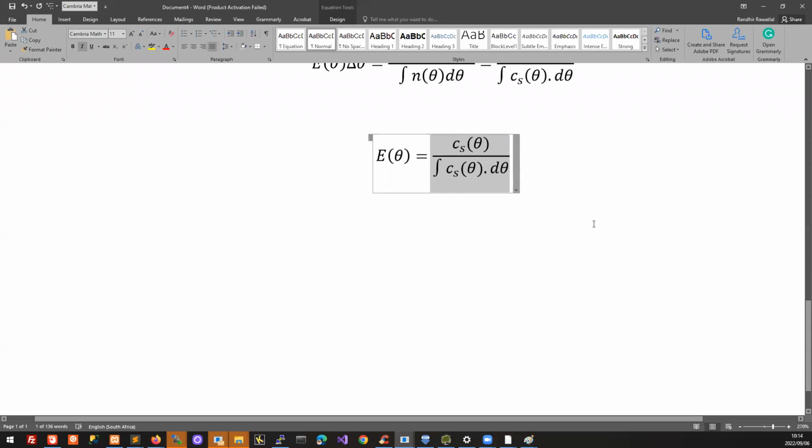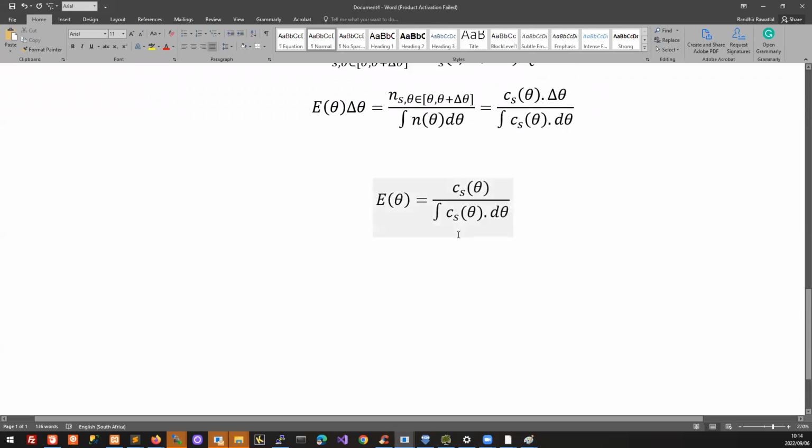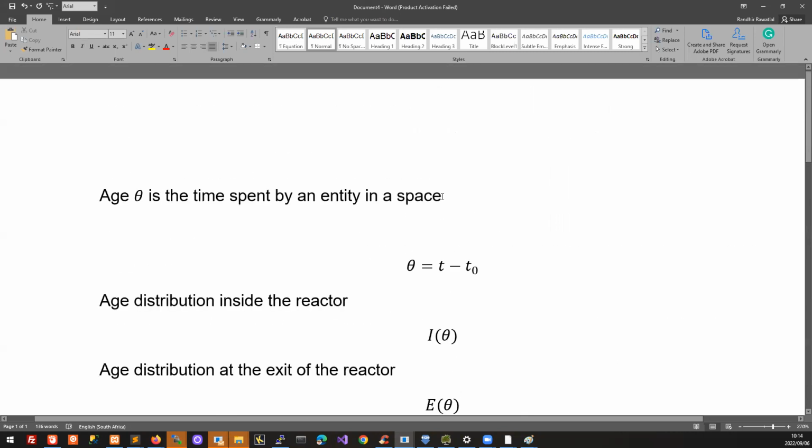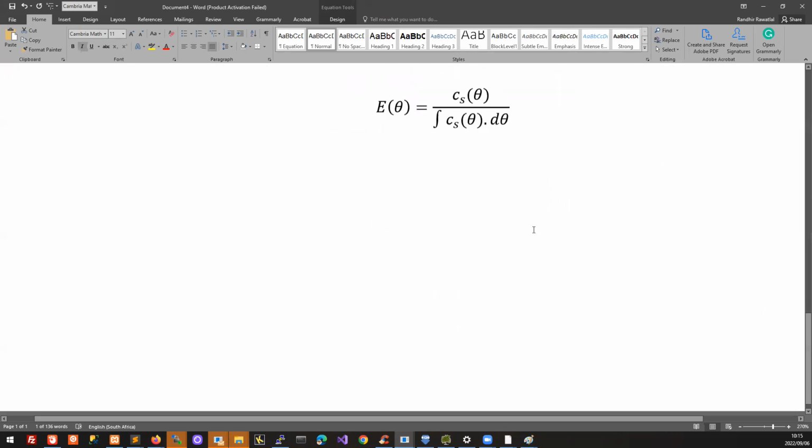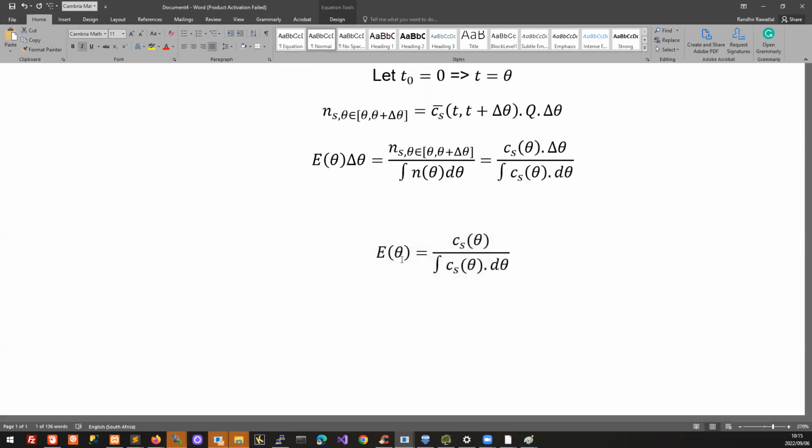Okay, so if I take that as a yes, then you would say, well, that's half the picture. E of theta, that's one thing, but it seems I of theta might be even more useful, because then we can understand the age distribution inside of the reactor. So towards that, we would like to develop a relationship between E of theta and I of theta.